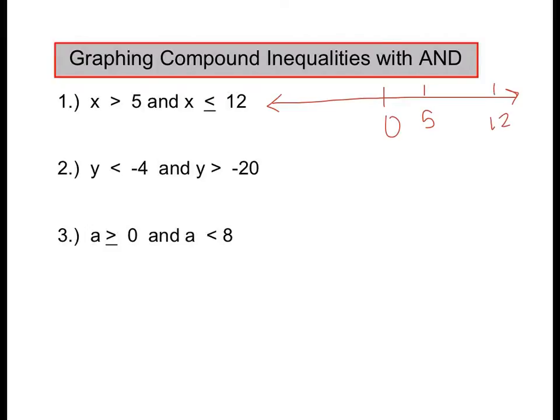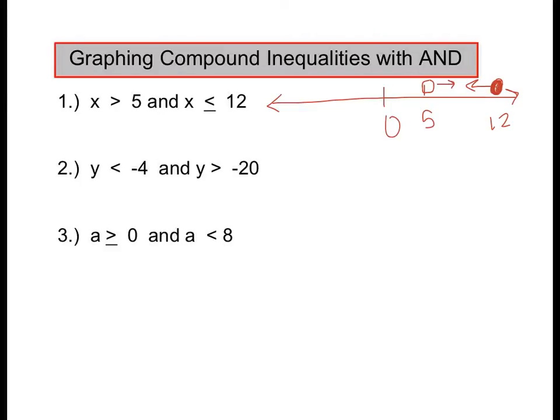Now, when it says x is greater than 5, we would put an open circle on 5, and my arrow goes to the right, towards numbers greater than 5. x is less than or equal to 12. We would put a closed circle on 12, and then x less than 12 would be all the numbers that are to the left of 12. Notice how my arrows point towards each other.